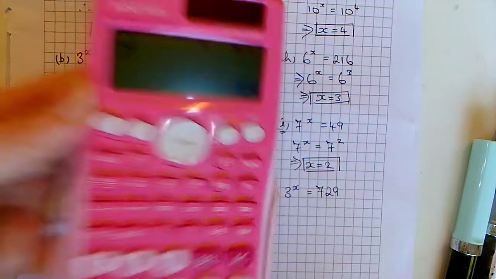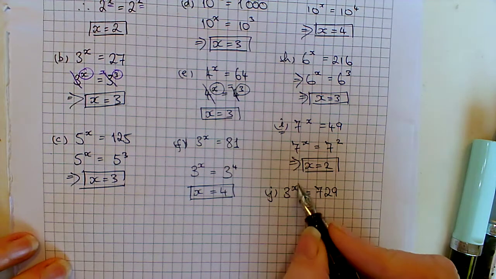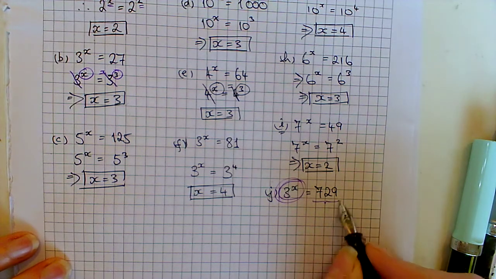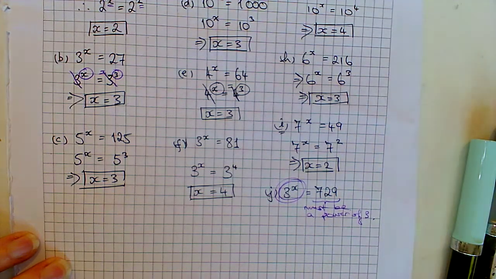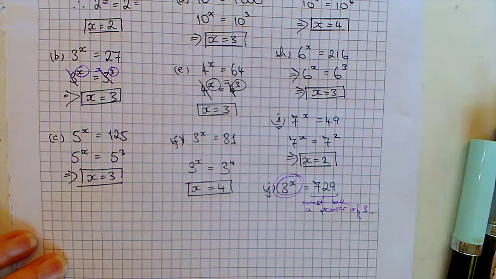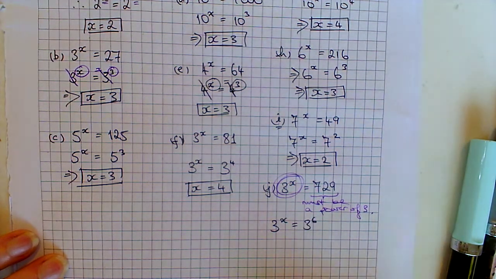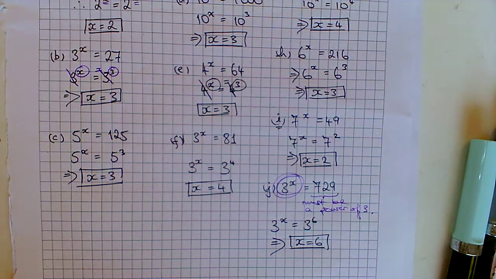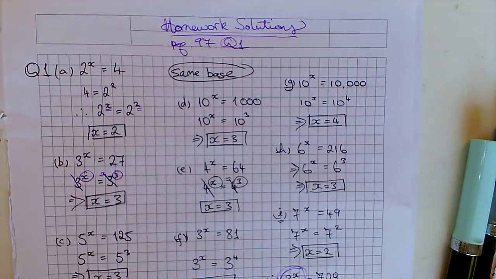And it must be a power of 3 because the question had 3 to the power of x. So we knew that this must be a power of 3. It had to be. And so once we figured it out, it was 3 to the power of 6 using our calculator. So 3 to the power of x is 3 to the power of 6, which means x is equal to 6. Okay, fairly straightforward, I hope, but do let me know if you're struggling with those.